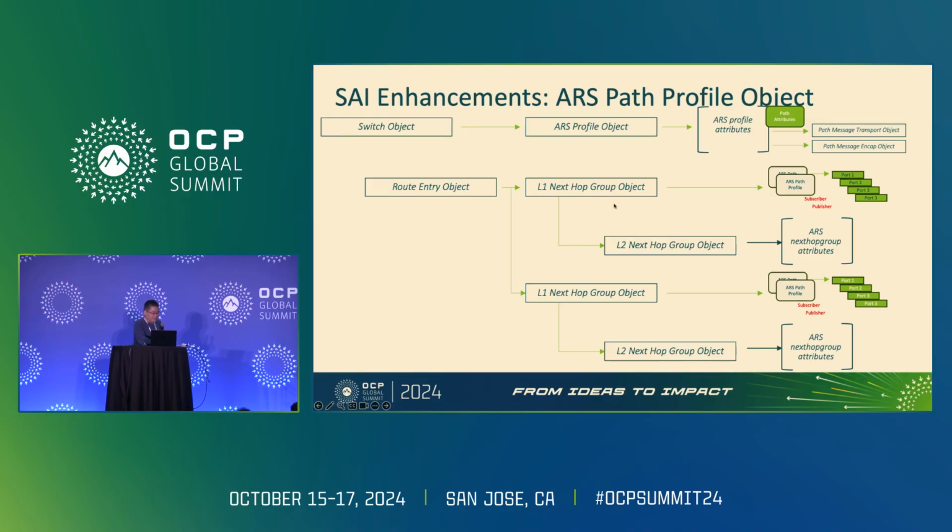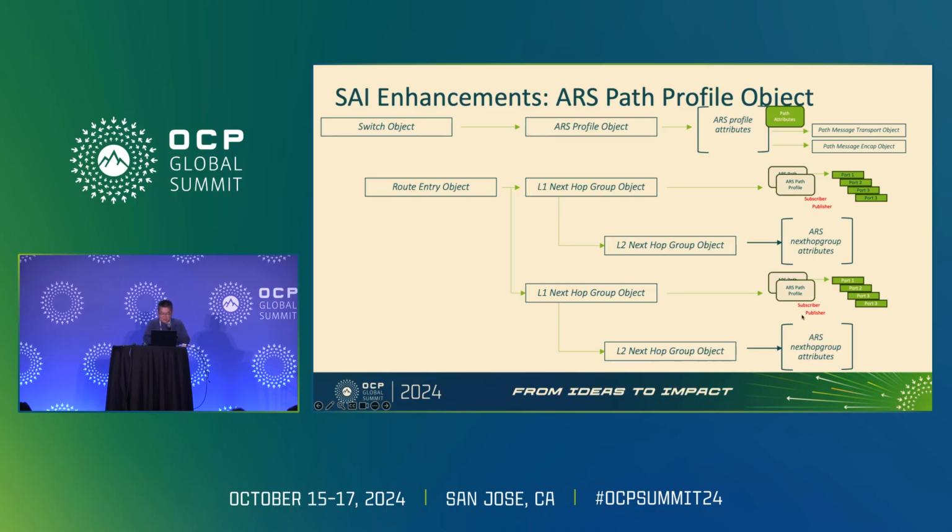Next is the SAI ARS enhancement. I think the core idea here is to build on top of the current ARS definition by bringing in a new object called the ARS path profile. It will have two types.